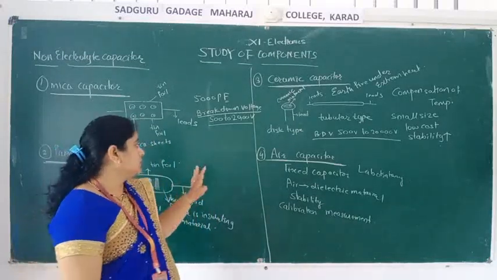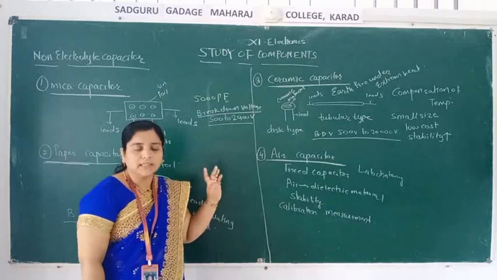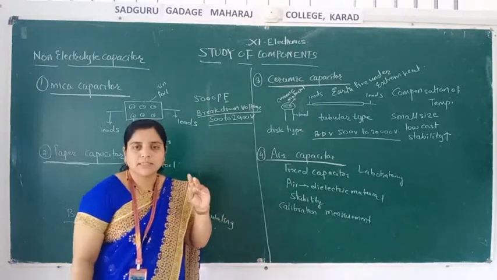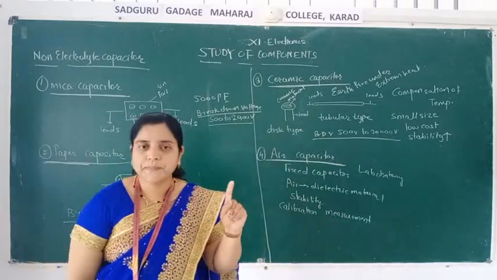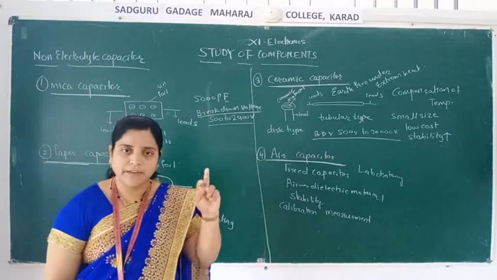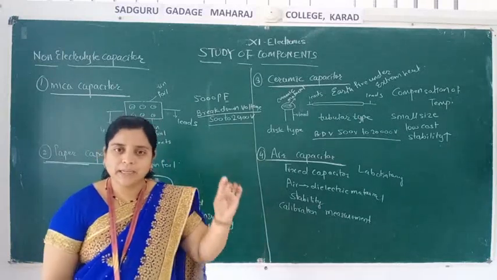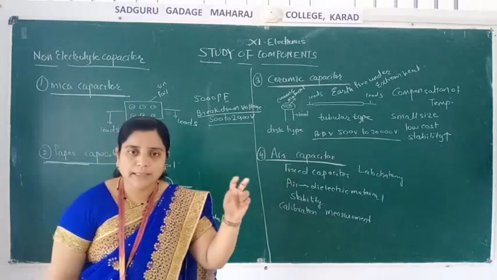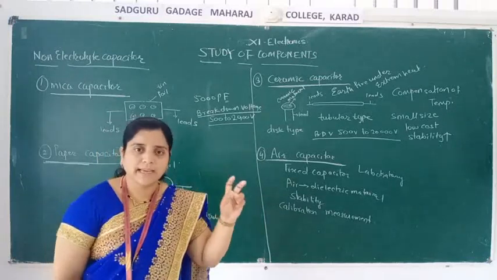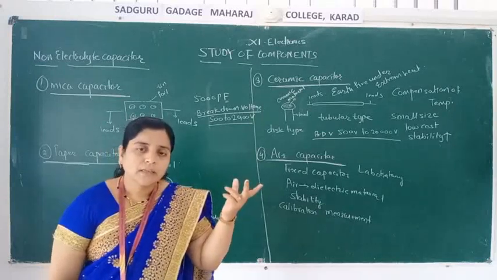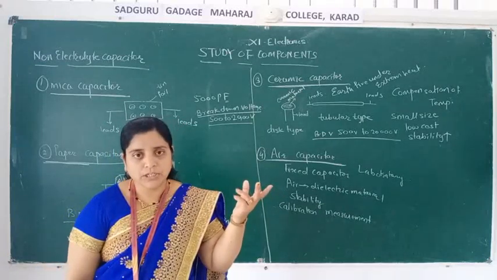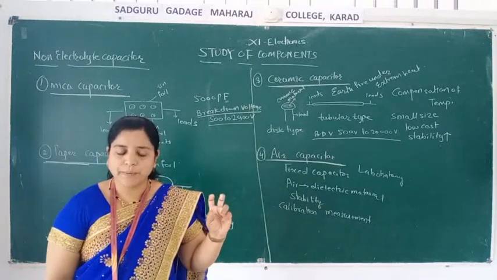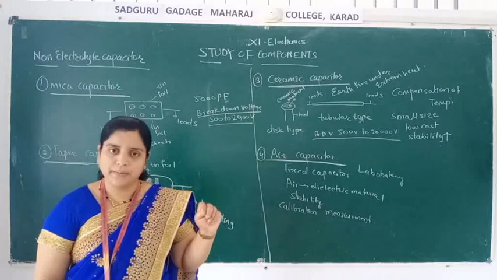Students, don't be confused. Resistors have 2 main types, fixed resistor and variable resistor. Fixed resistors have 3 types, variable resistors have 3 types. Next is the capacitor: what is a capacitor, its units, its diagram, its function, why it is used. The basic types of capacitor are 2 types, fixed capacitor and variable capacitor.